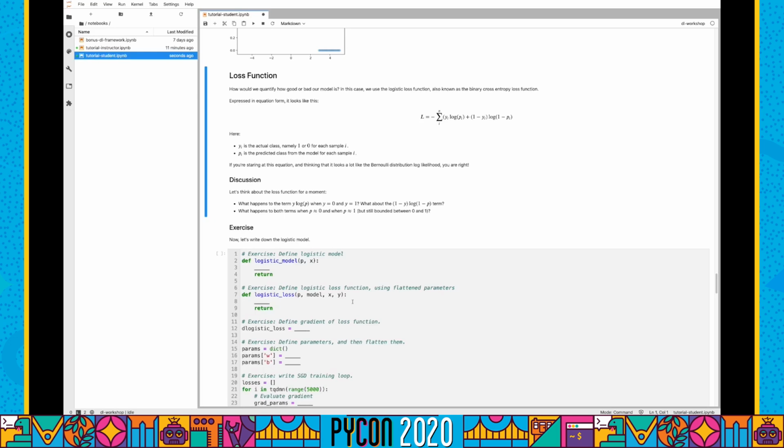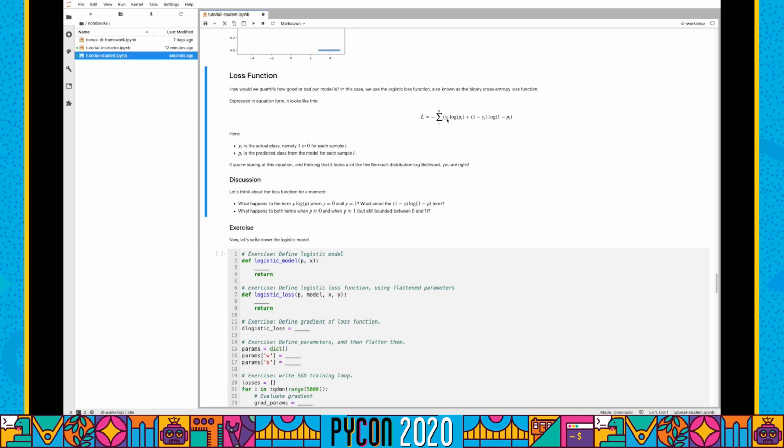For logistic regression, let's look at the canonical loss function that is used, the cross-entropy loss. In equation form, the loss function is built up in the following fashion. For each sample, we'll make a prediction, p_i, which we will compare against the ground truth, y_i.